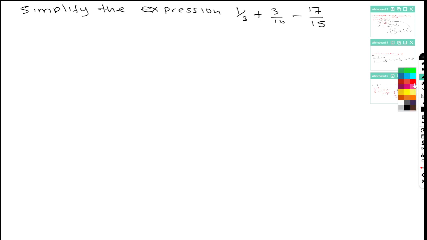One, again, simplify the expression: 1/3 plus 3/10 minus 17/15. All right, let me get a good color. Let me go with the blue color.